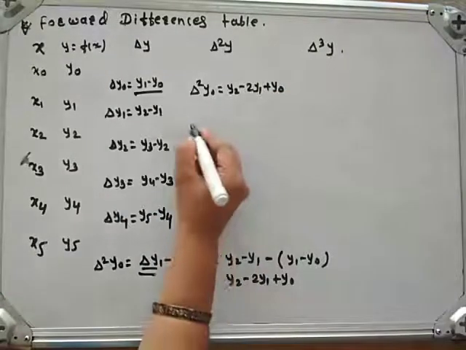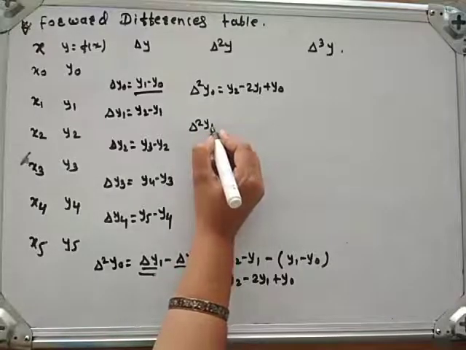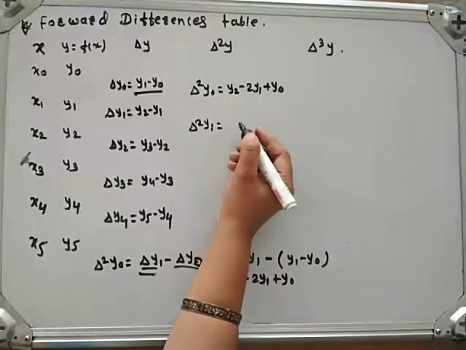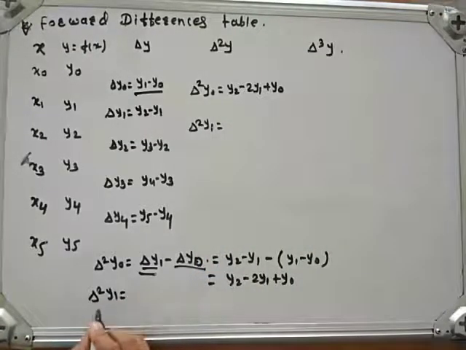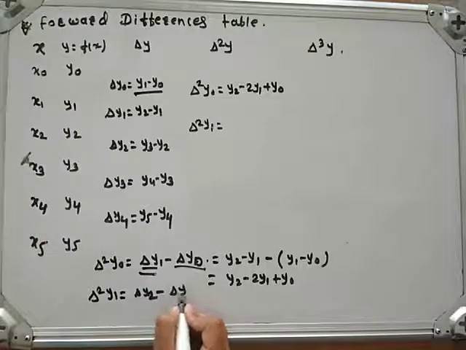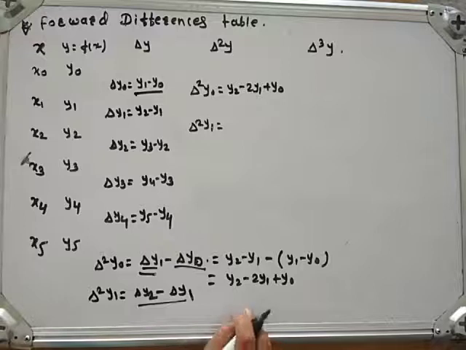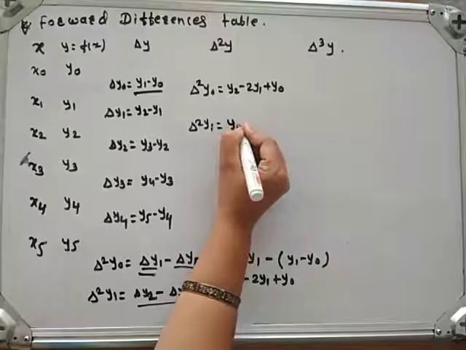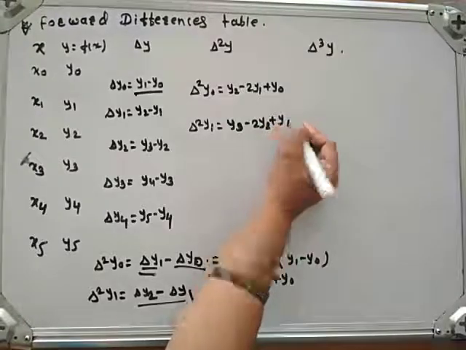Okay. Next we have to calculate delta square y1, which is nothing but delta y2 minus delta y1. Put the values of delta y2 and delta y1 and simplify this. After simplifying, we get y3 minus 2y2 plus y1.